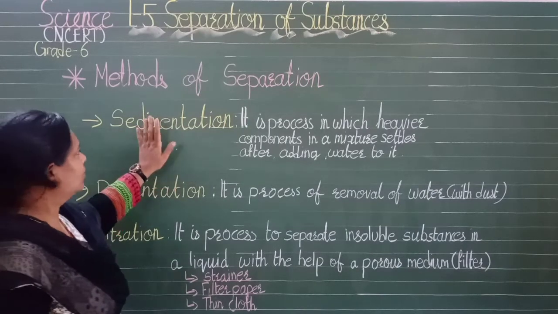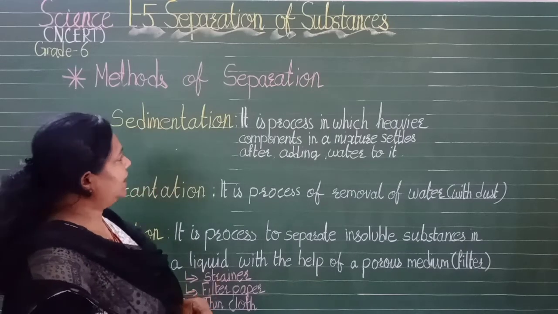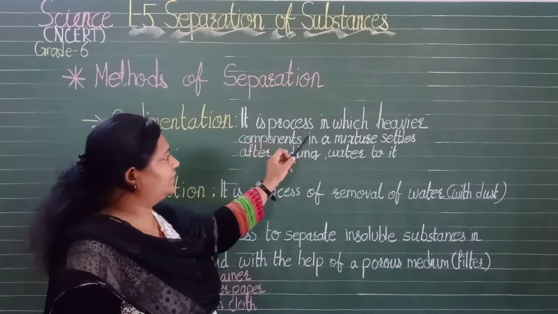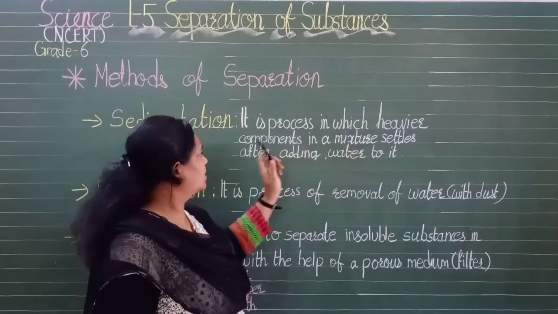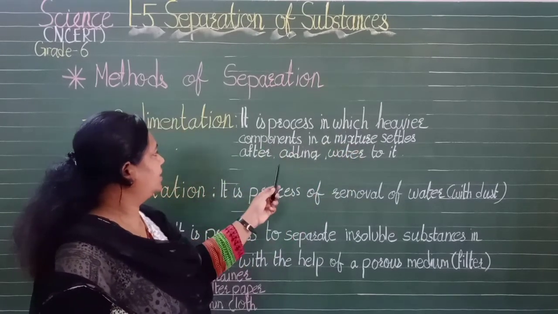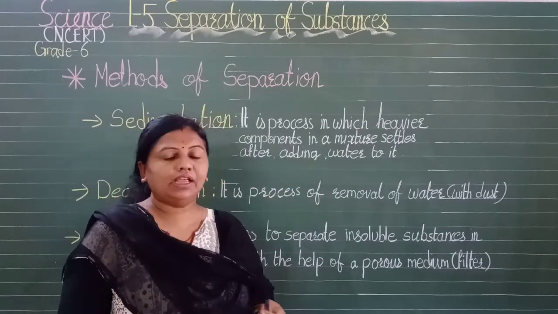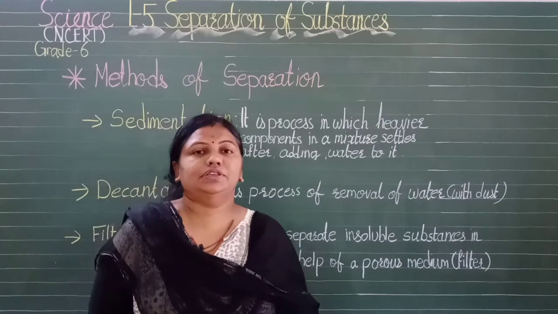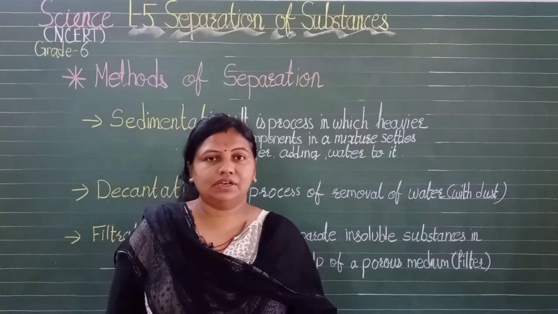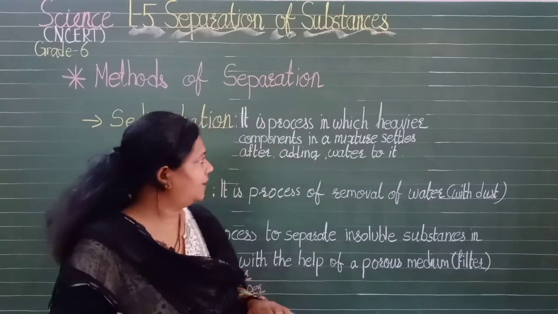Sedimentation. Now what is sedimentation? It is a process in which heavier components in a mixture settle after adding water to it. So when you take any kind of component, especially the pulses, and when the water is added to it, what happens?